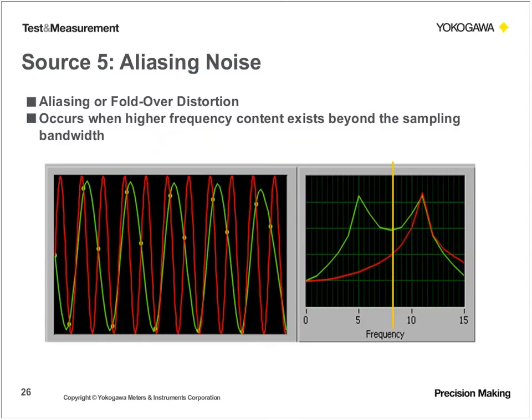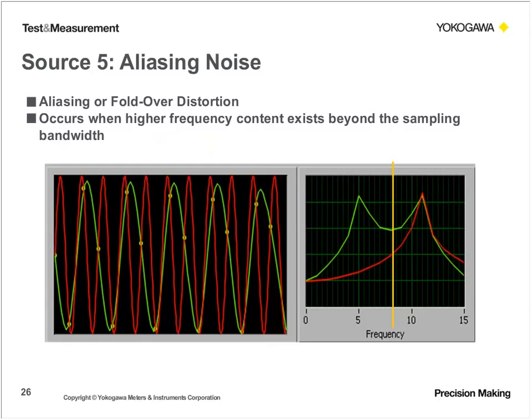So moving along, our next noise source is aliasing noise, and we also call this fold-over distortion. The concept is very simple. This noise occurs when you have a higher frequency beyond what you can capture.